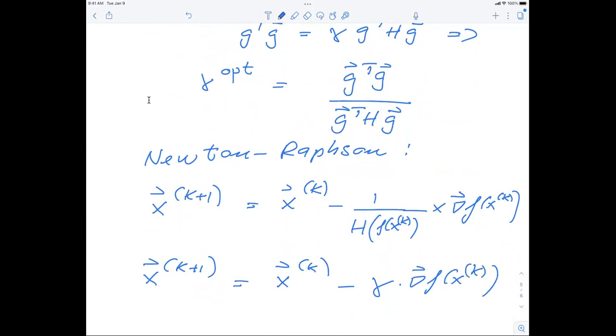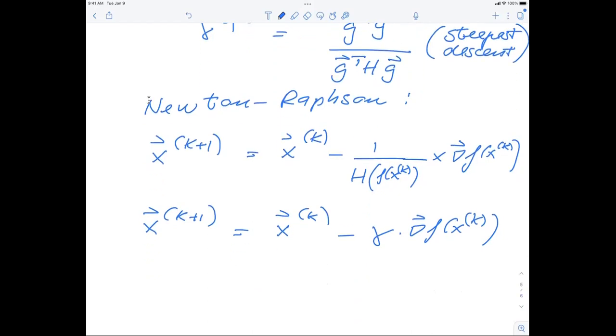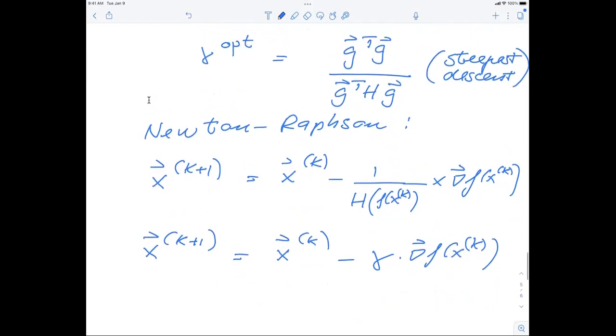What we did here leads to what is called the steepest descent method, standard steepest descent. We are going to look at the analysis of that method a little bit later. In the standard gradient descent method, instead of calculating this parameter gamma using the optimal value, you would typically assume a set of values for gamma.